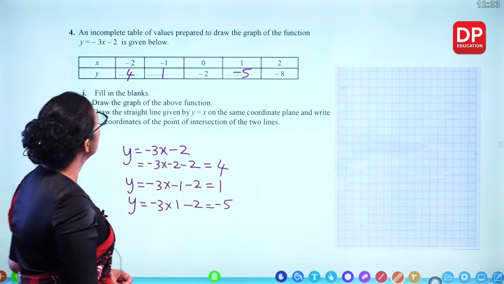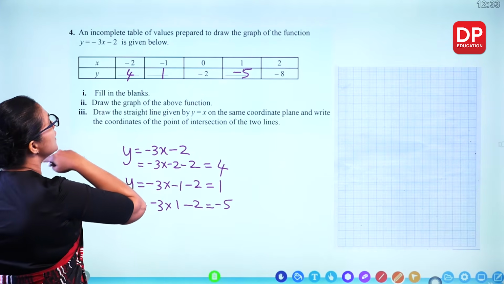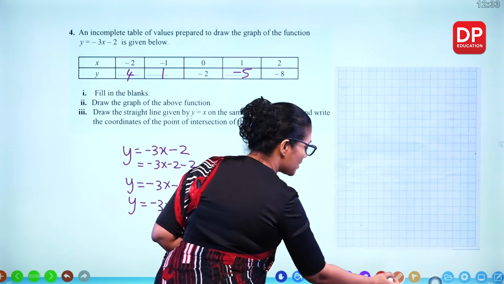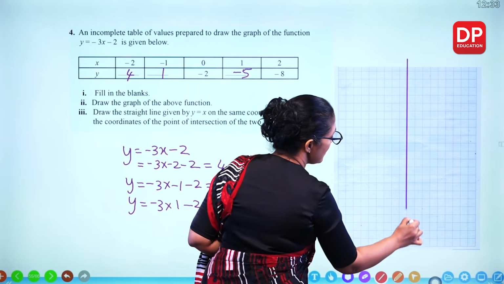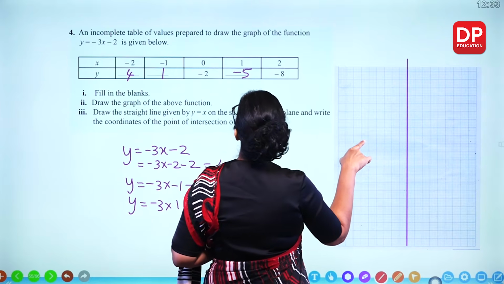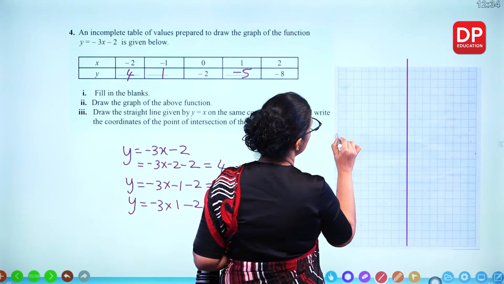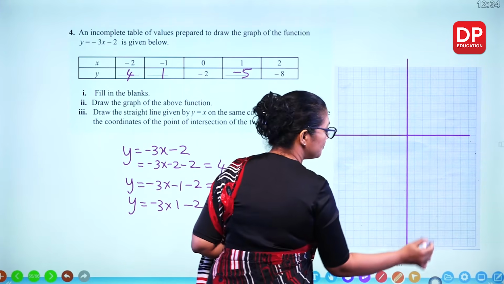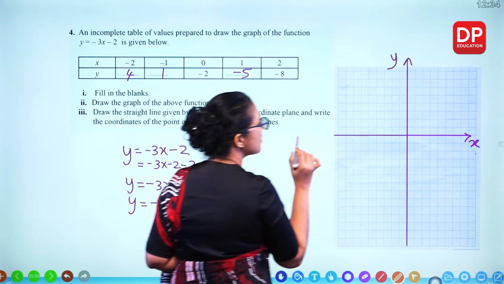Now we need to take the scale y minus 8, positive side 4, and x equally divided. On the y-axis here, you need more negative values than positive. This is y, this is x.